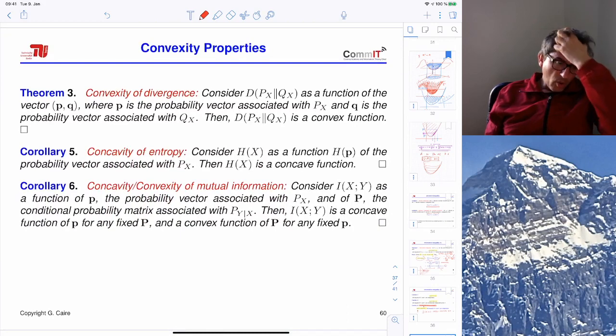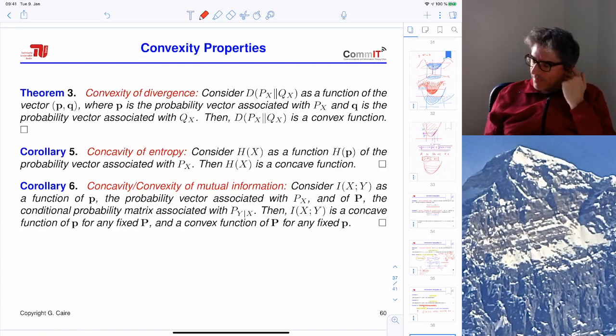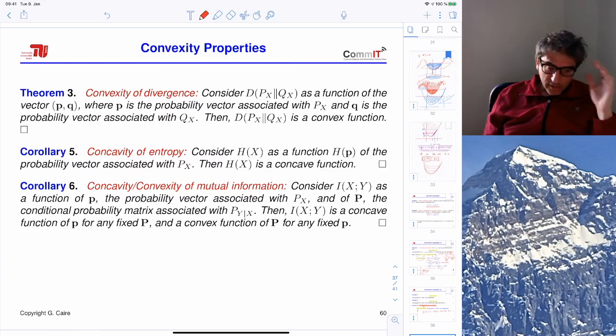There are more convexity properties of divergence and entropies and mutual informations seen as functions of the corresponding probability vectors and probability matrices. I will devote this to problems.